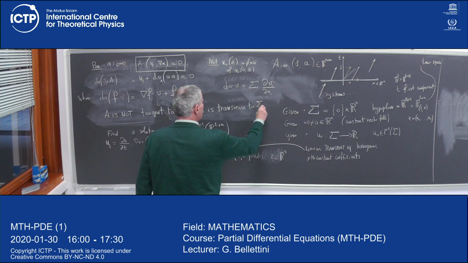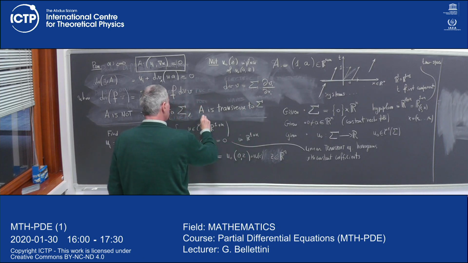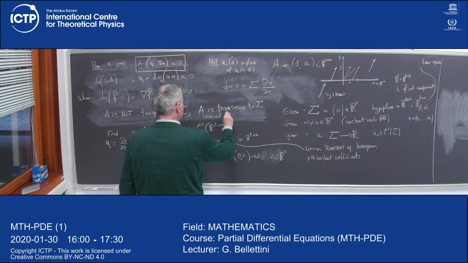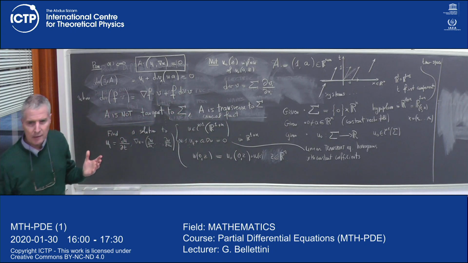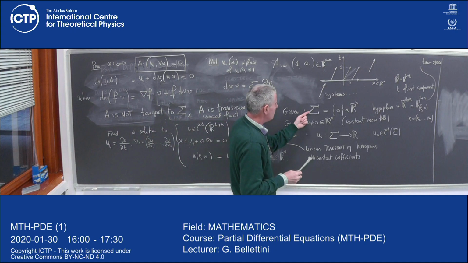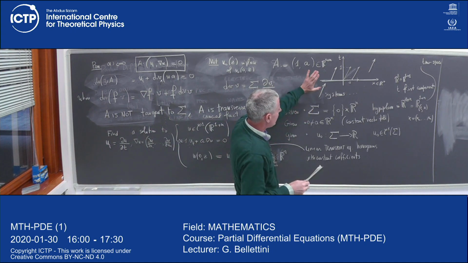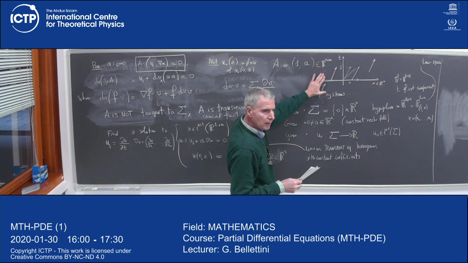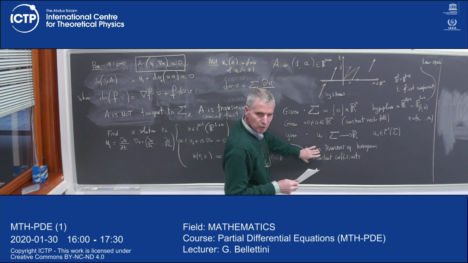This is fundamental in the theory, a crucial assumption. This is a crucial fact, and this crucial fact gives you a sort of interaction between these, because the problem is: I give you a vector field, I give you sigma, I give you U0.